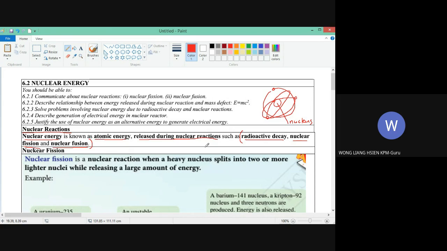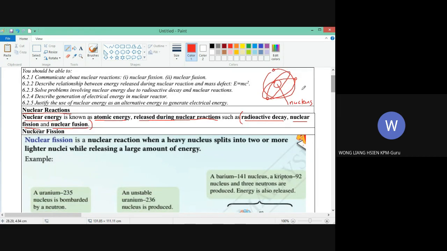So it is out, and that energy becomes the kinetic energy of the alpha particle. Okay, get the idea? So that is why in radioactive decay, nuclear energy is released.